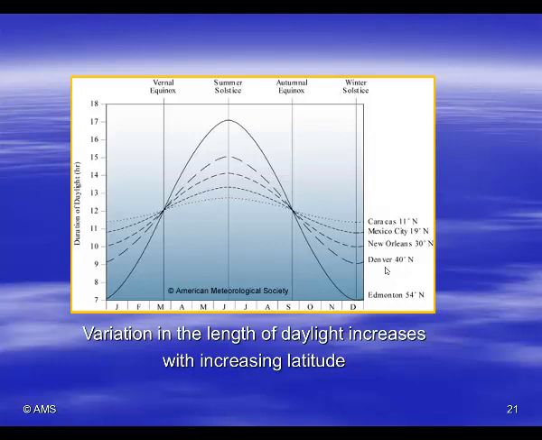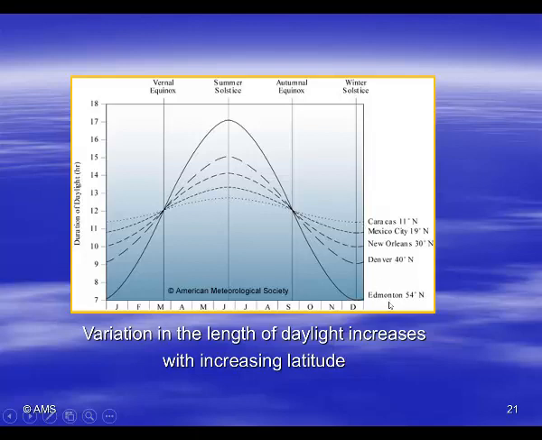Here shows the variation in length of daylight, and it increases with increasing latitude. So for example, if we look at Caracas, which is about 11 degrees north of the equator, there's a slight change from summer to winter, but it's pretty much 12 hours a day.